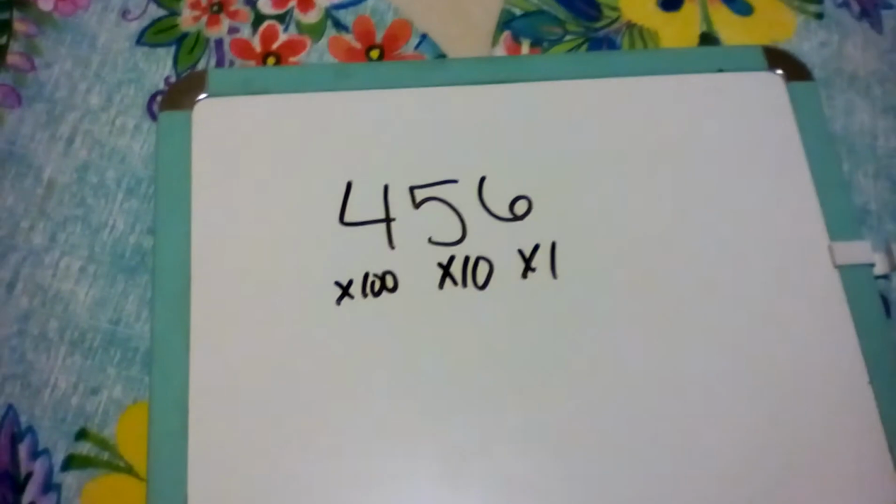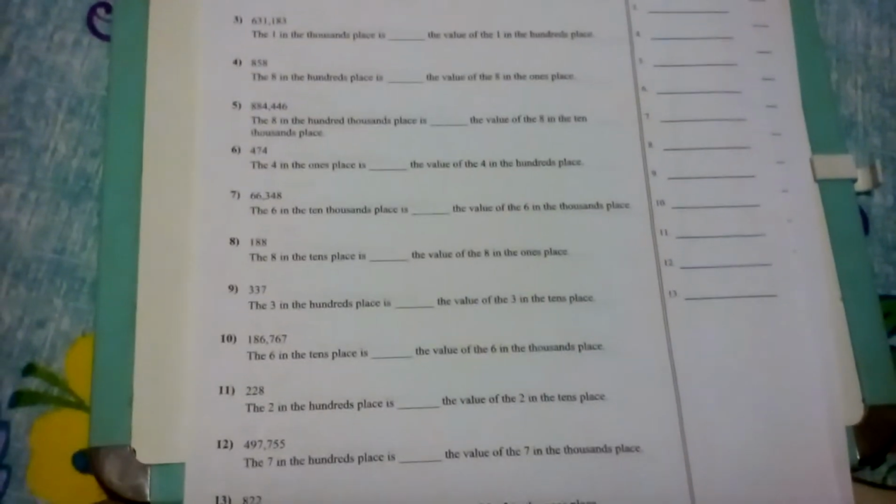We're going to actually do some problems with our worksheet, and then we're going to review. Okay, so let's look at question 6, 474. The 4 in the ones place is blank, the value of the 4 in the hundreds place. Okay, so let's just look at this for a second.